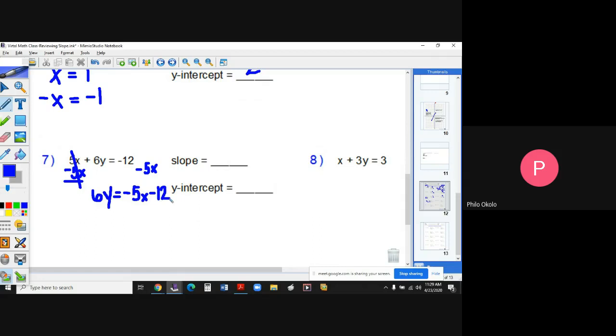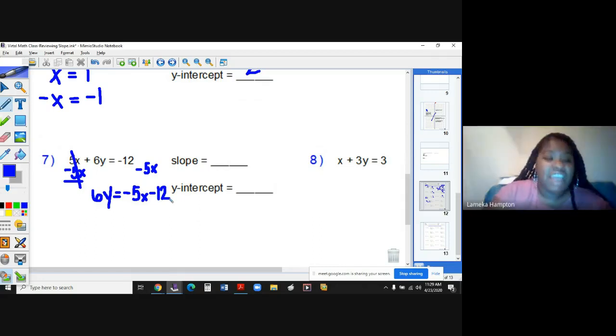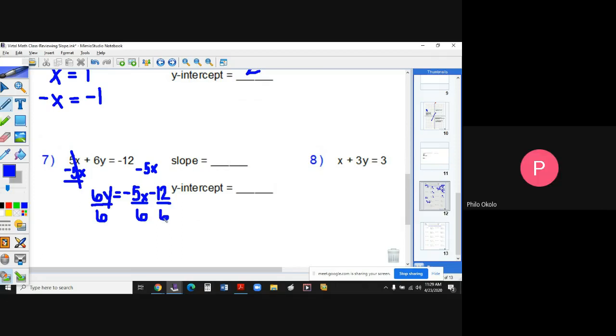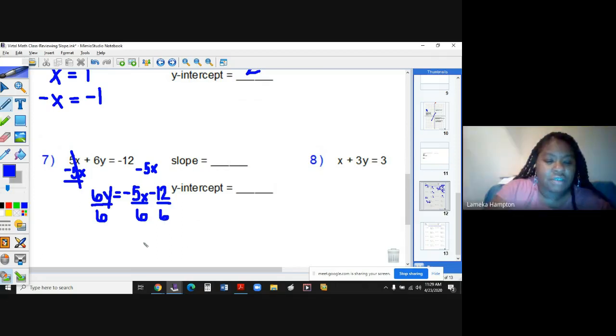Divide by 6. Yes. So we're going to divide everything by 6, because remember, we want the letter y to be by itself. And I know that number looks really, really bad. But I didn't do it.